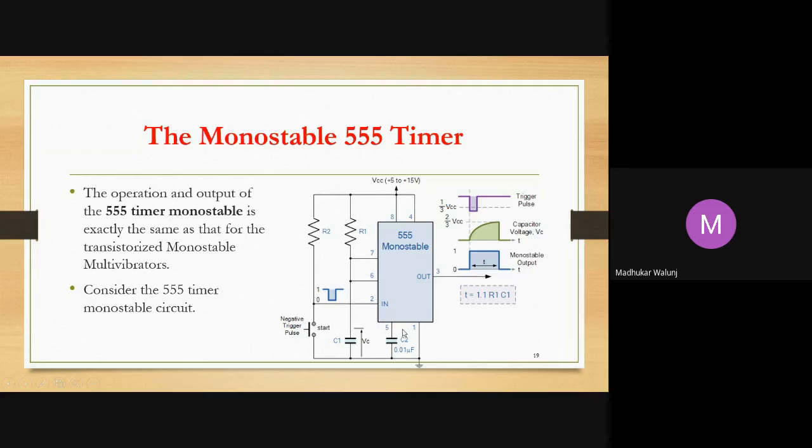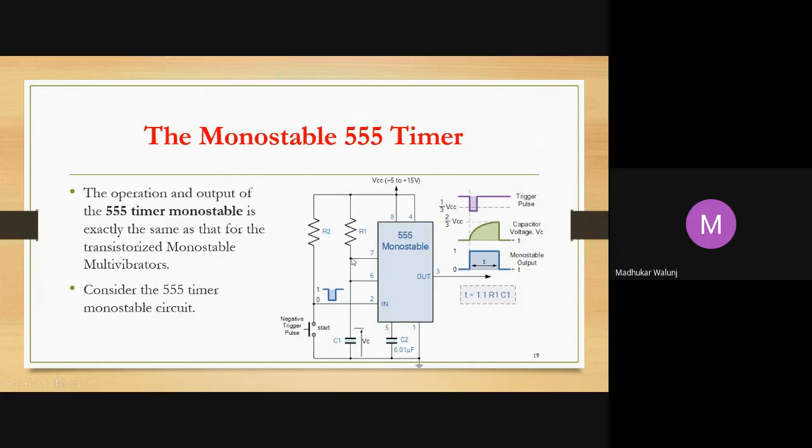Pin number 5 is called the control voltage. It can disturb the output waveform, so we connect it to the ground through a 0.01 microfarad capacitor, which will reject the noise if any is present inside the socket.